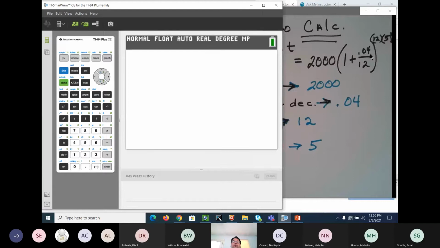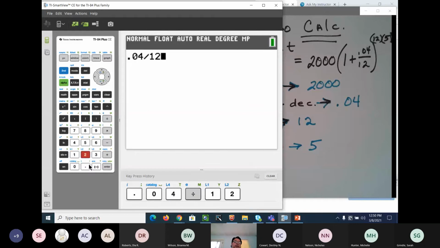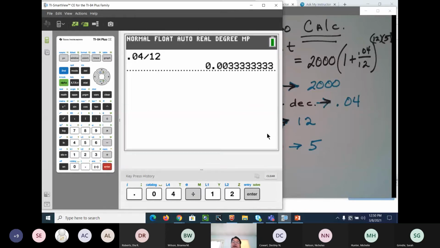So 0.04 divided by 12. And then I'm going to add that to 1. Add it to 1.